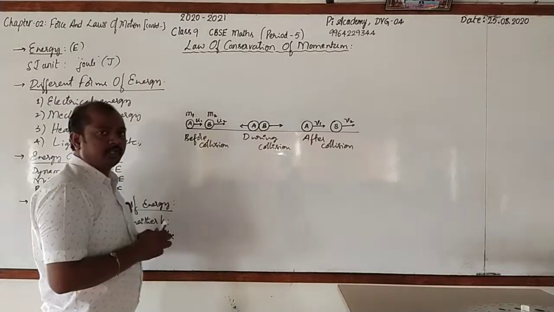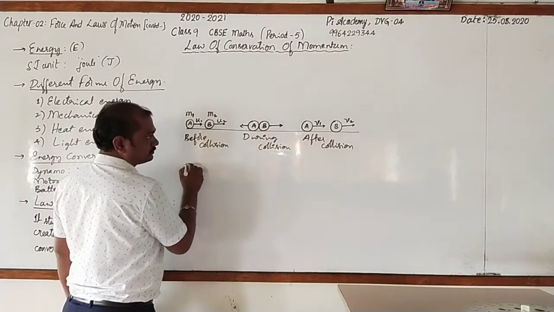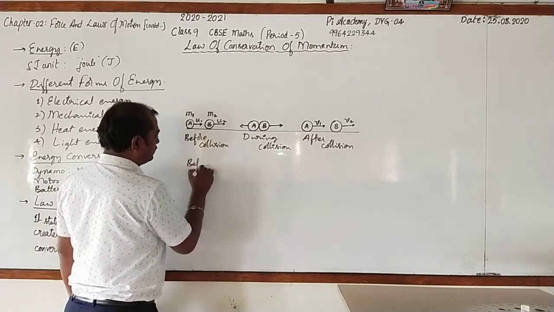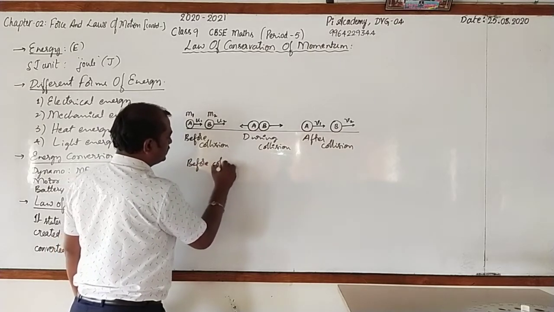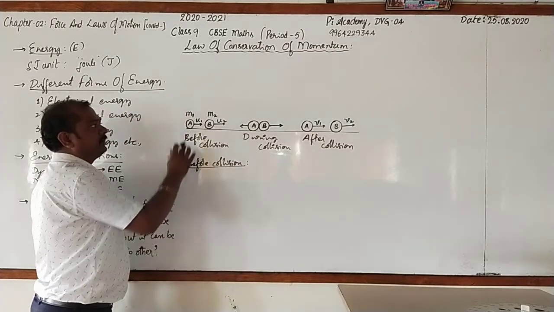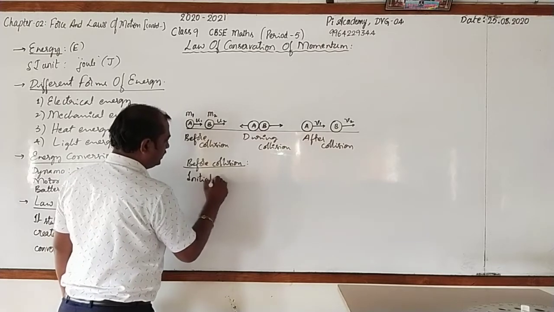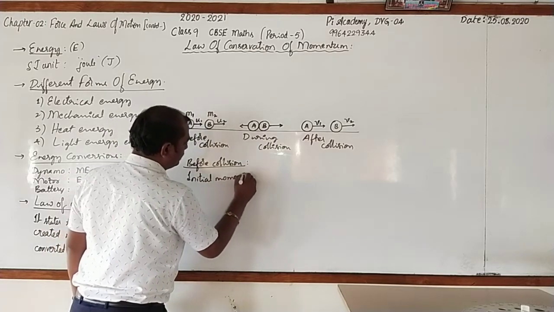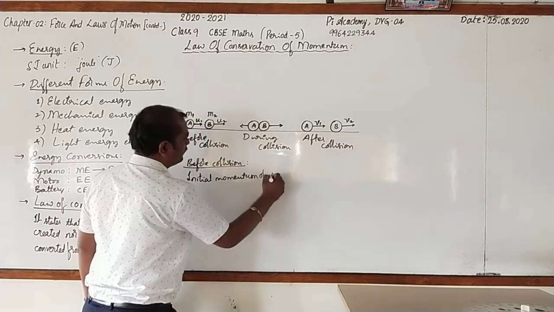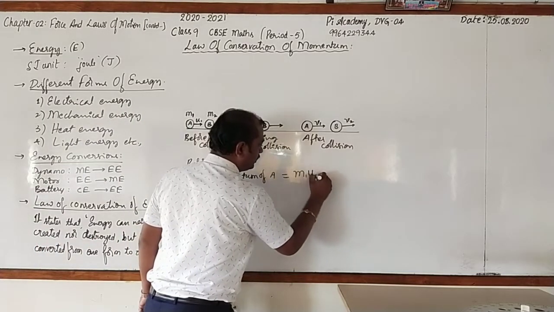So we do not know their momentum. Let us go for that. Here I'll write before collision. This situation will be taken. Here, what is the momentum of A? This is initial momentum of A. This is m1 u1.